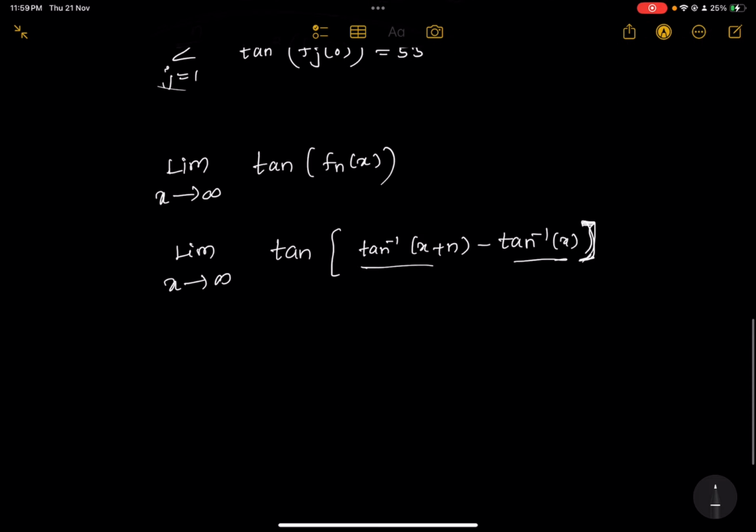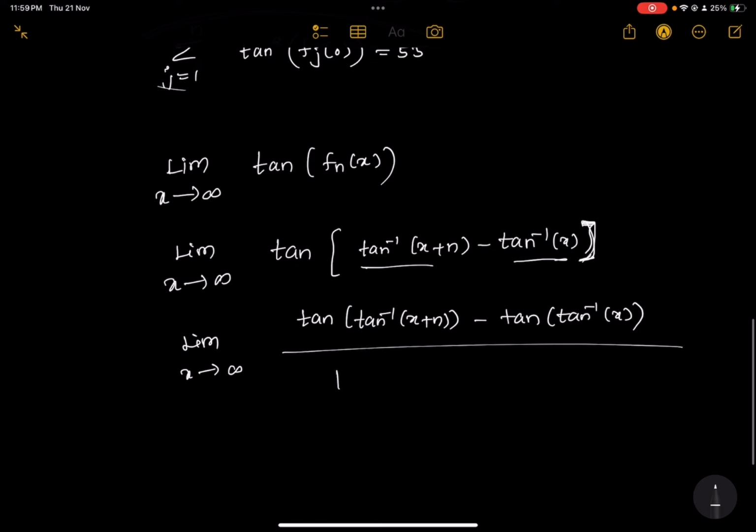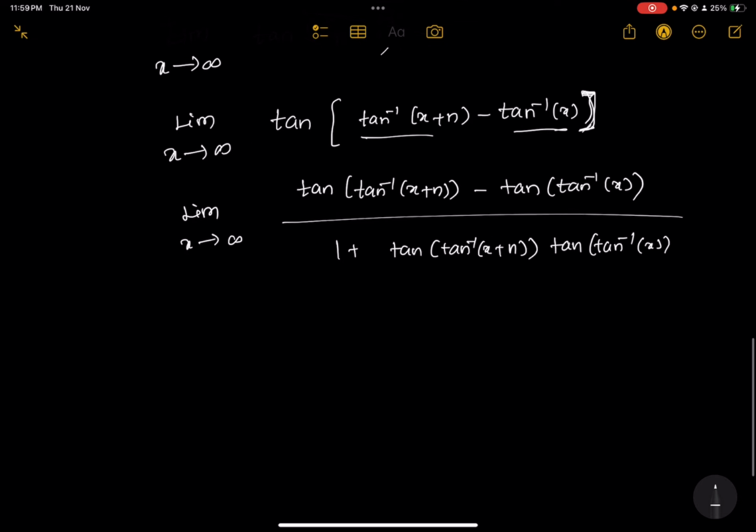So this is in the form of tan of a minus b. So the formula is tan a minus tan b by 1 plus tan a tan b. So tan a is tan inverse of x plus n. For your understanding, I'm writing all of this, so you can directly write all of this stuff.